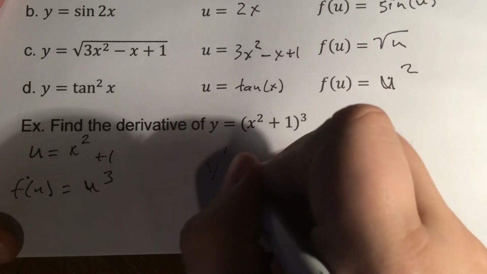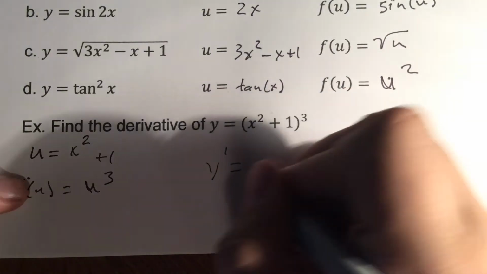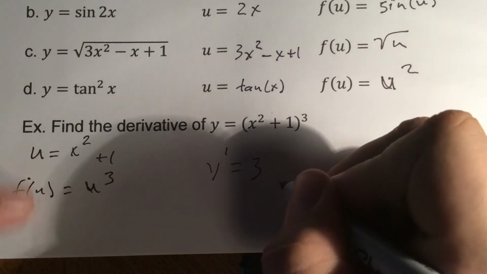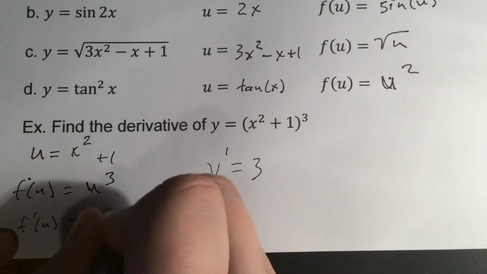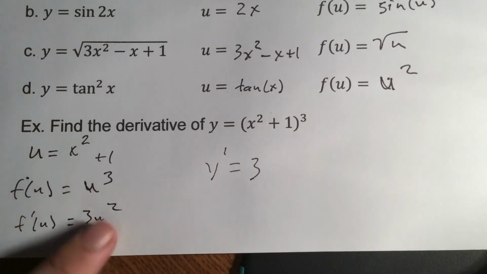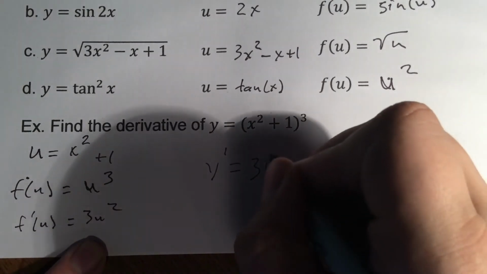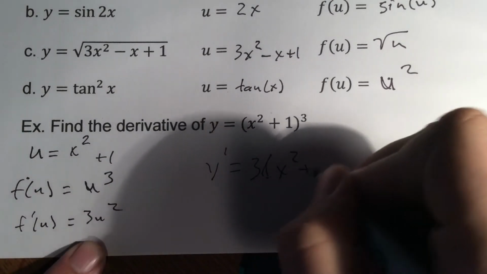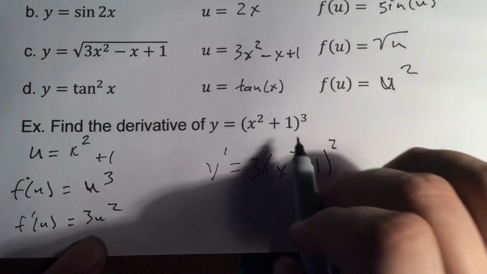So y prime equals. Derivative of that outside function: if I just do this over here, f prime of u would be 3u squared. That u is still our x squared plus 1. So we would have 3 parentheses x squared plus 1 now squared instead of to the third.